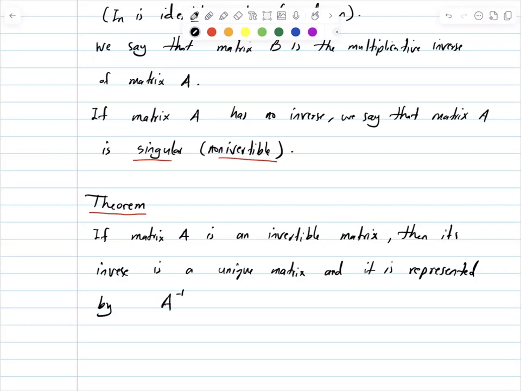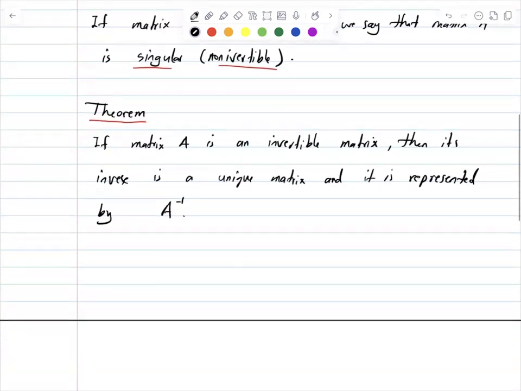But this is called just the inverse of matrix A. So let's begin. It's just a short proof for you. If someone asks you to prove the uniqueness of the inverse of a matrix, you can write it this way.